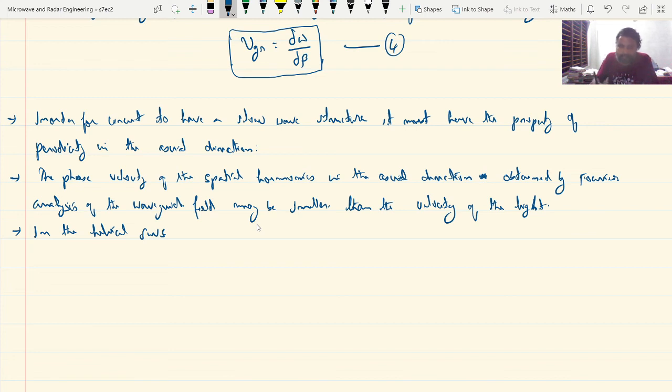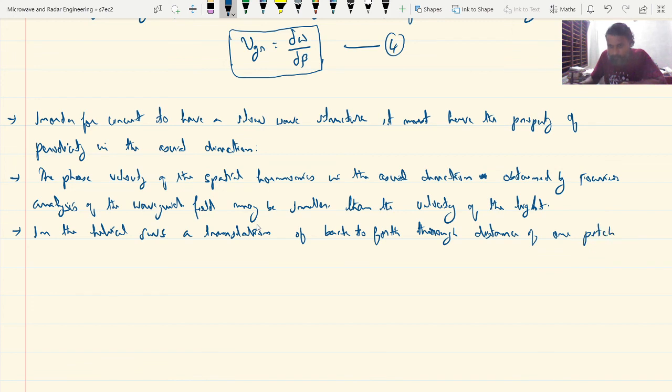a translation back and forth through a distance of one pitch length will result in identically the same structure again, as you can see from the figure itself.